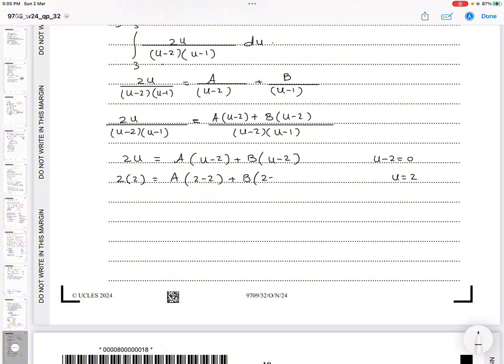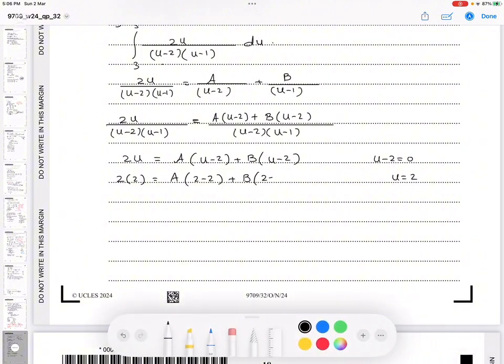So 2 into 2 equals a(2 minus 1) plus b(2 minus 2). Wait. Actually, I have made a little mistake.